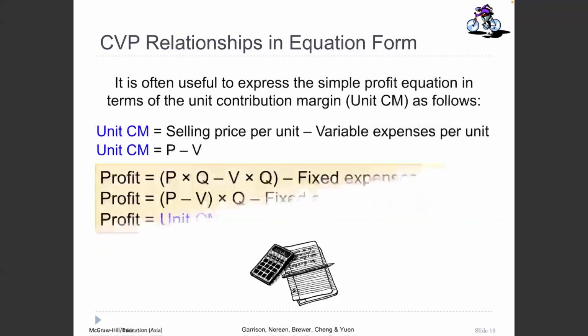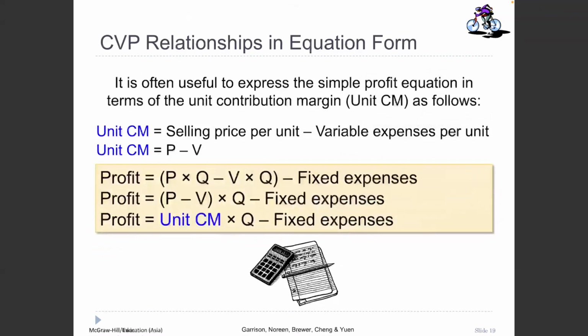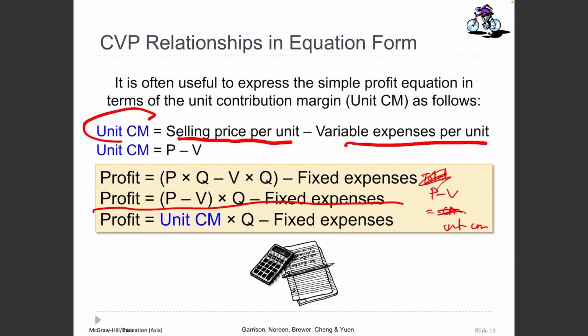So here, this is the one that I explained just now. P minus V, as I mentioned just now, equals unit CM, unit contribution margin. So you can use selling price per unit minus variable expense per unit, then you will get a unit CM.